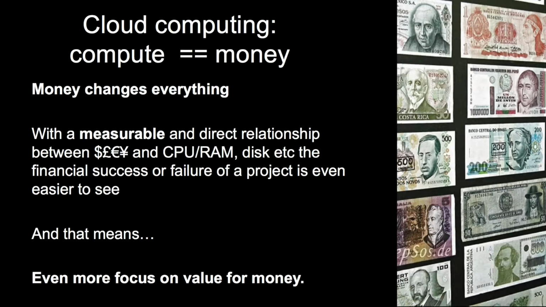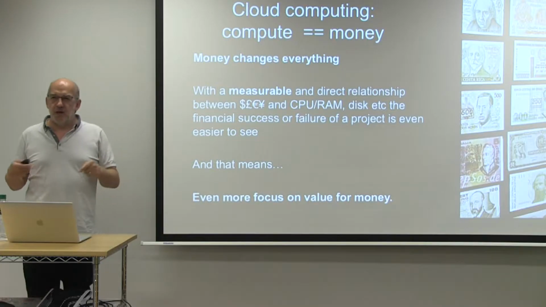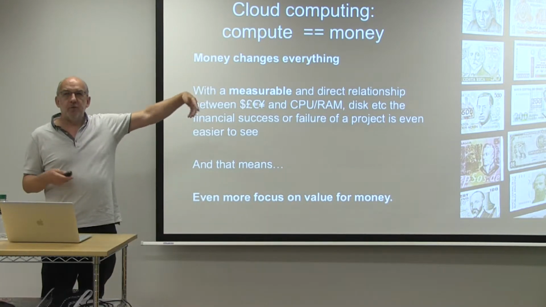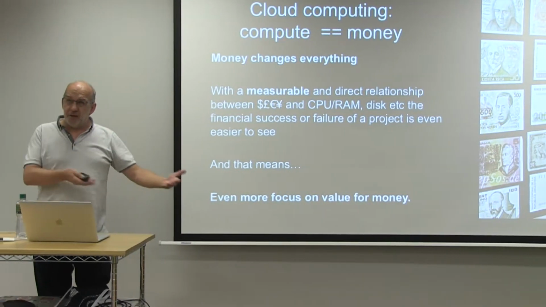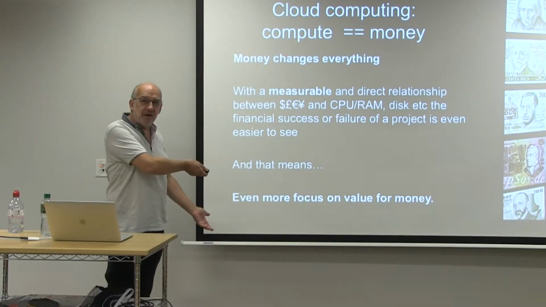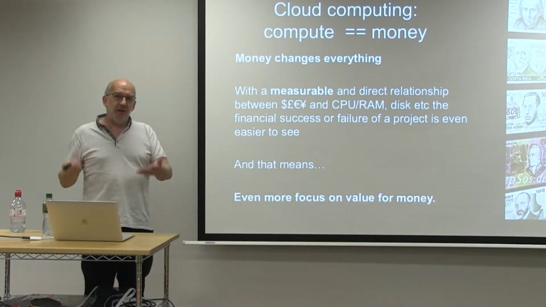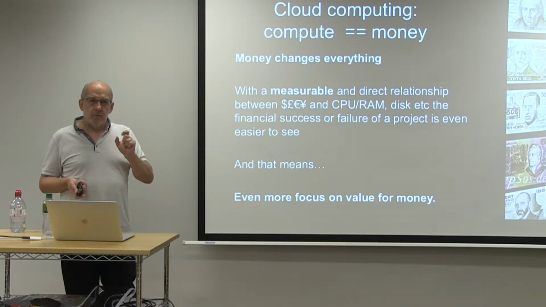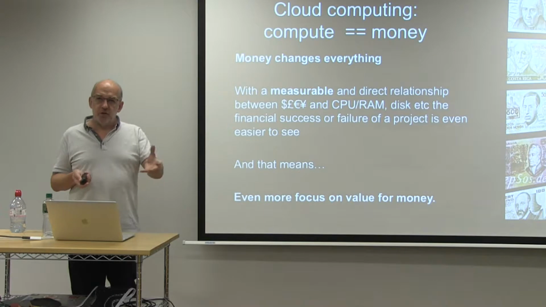So here's the rub. Cloud computing changes the way that we think about computing. Compute equals money. It was always true because we bought stuff as big pieces of metal and they went to the data center. But now we're buying things from the cloud, right? We're hiring them. We're not keeping them, they're not ours, we're just borrowing them.